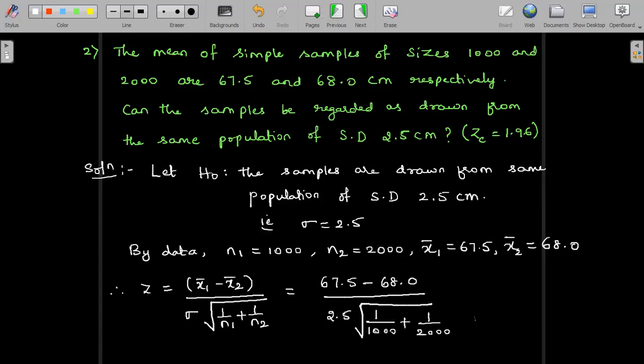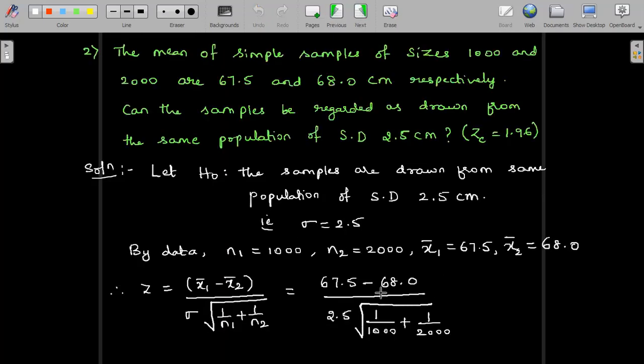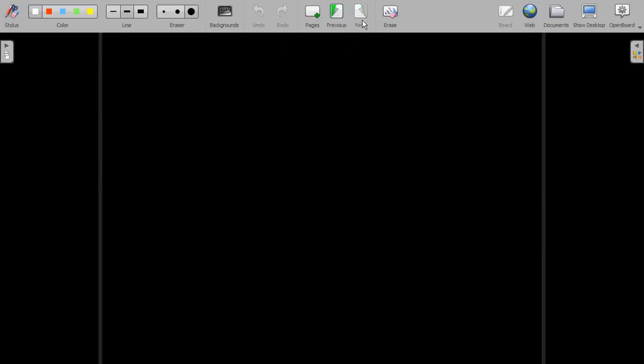So let us calculate this, and the obtained Z value is, again, the numerator is a negative value. So let us take modulus and write down. So modulus of Z is equal to 5.16 approximately, rounded off to 2 decimals.